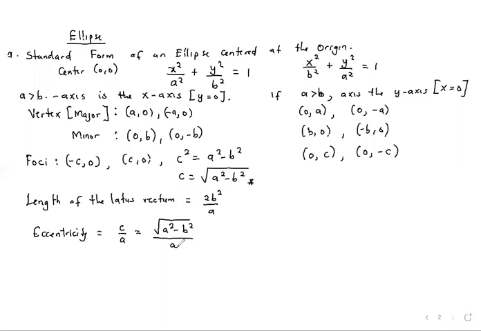You can also do this. This can also be written as the square root of a squared over a squared minus b squared over a squared, which can be simplified as the root of 1 minus b squared over a squared. So what we've done is that we've squared a.